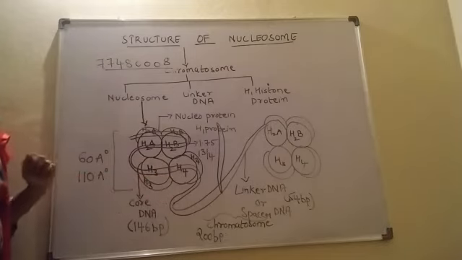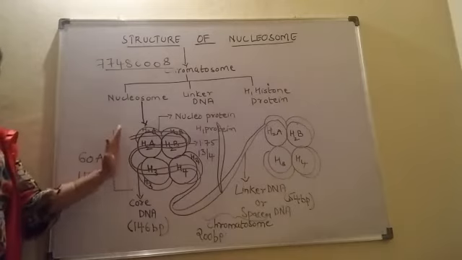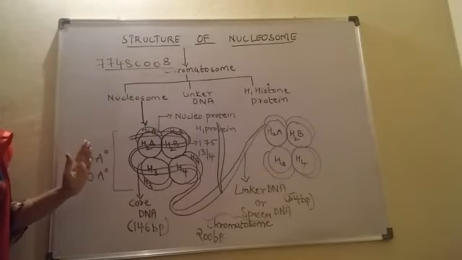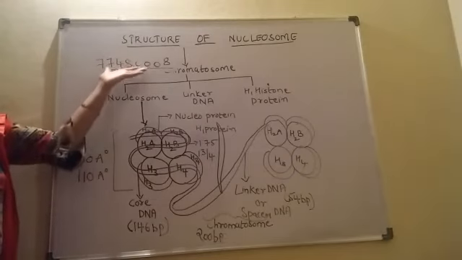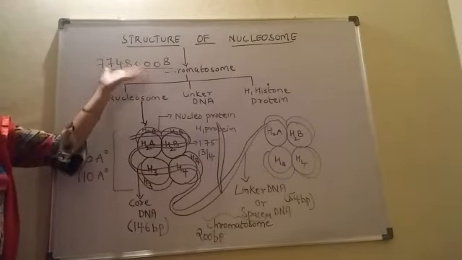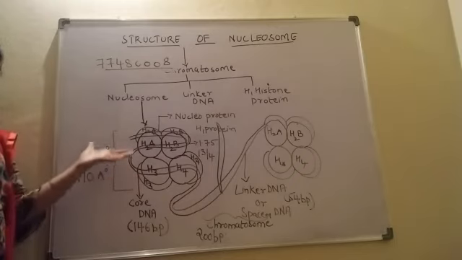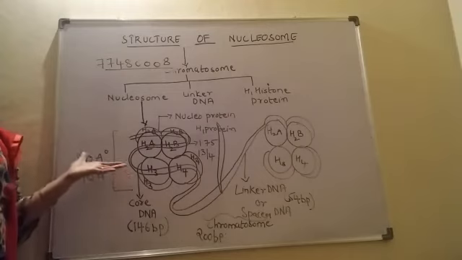These 4 types of histone proteins are positively charged and DNA is negatively charged. This positive and negative nature is responsible for the structure of the nucleosome. Positively charged histone proteins are wrapped by negatively charged DNA.